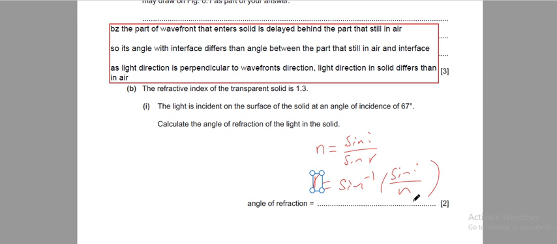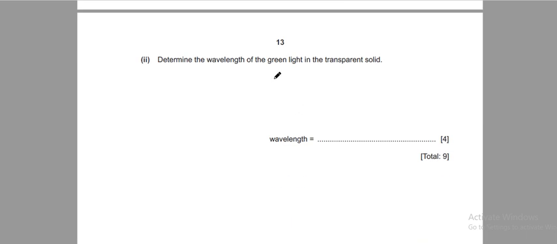So we have sine minus 1 of, open parentheses, sine 67 over 1.3, close the parentheses, equals 45 degrees.